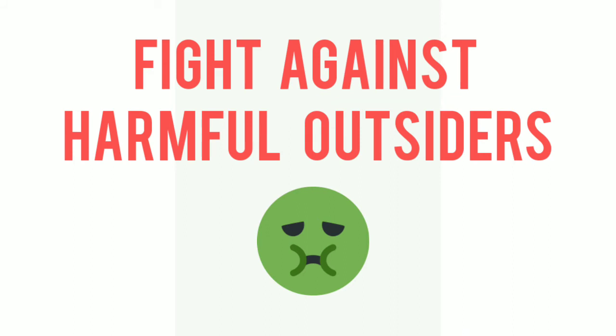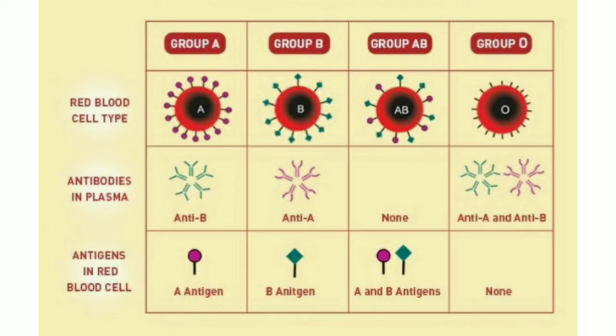So let's talk about group A. Group A contains antigen A and antibody B, whereas group B contains antigen B and antibody A. Group AB contains both A and B antigens, but has no antibodies. Group O has no antigens, but it has both the antibodies, that is A and B.